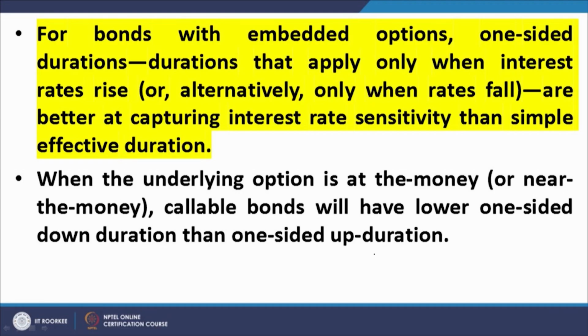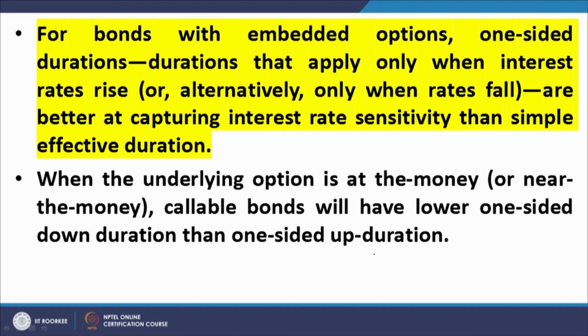For bonds with embedded options, one-sided durations that apply only when interest rates rise, or alternatively only when interest rates fall, are better at capturing interest rate sensitivity than simple effective duration.